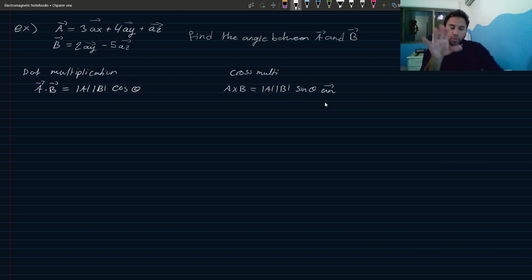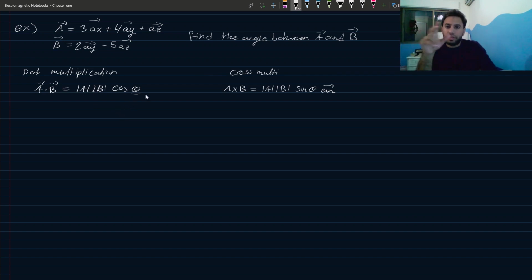We can use either of those equations to find the angle theta. So I'm going to try to solve it using the dot multiplication and using the cross multiplication. First of all, let's try the dot multiplication.